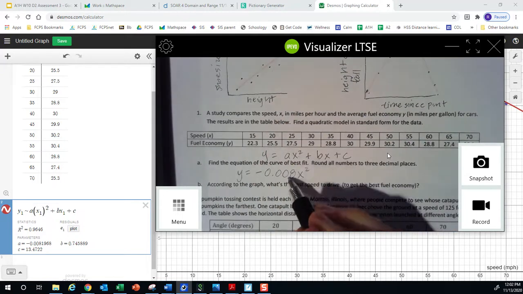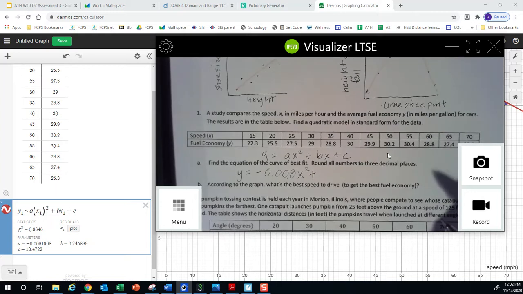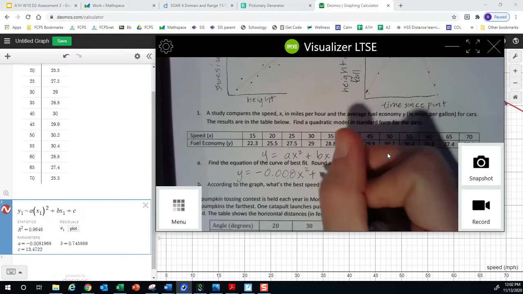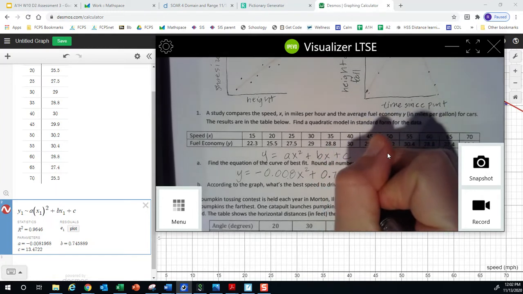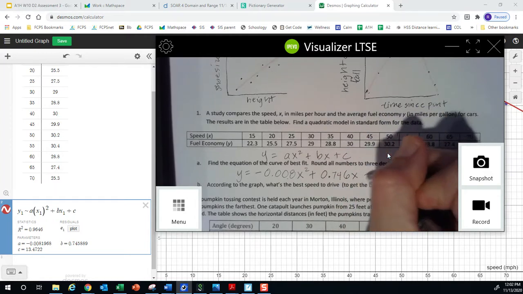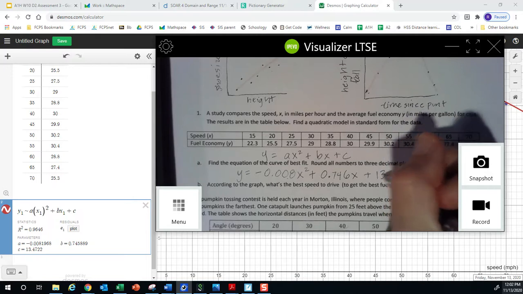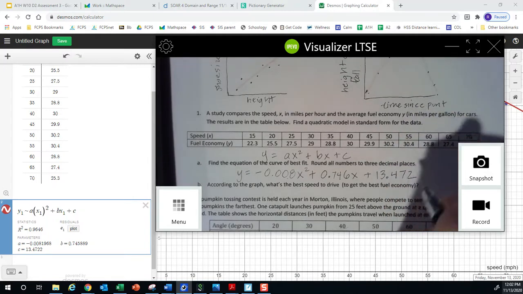So I just put the a here, and then I'll look and see what b is. b is 0.746, I got around that. And c is, I'm just looking right over here, 13.472. Okay.